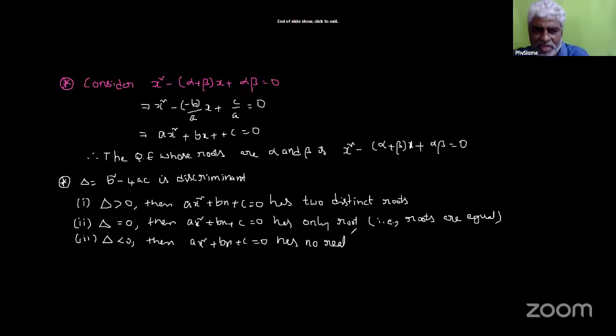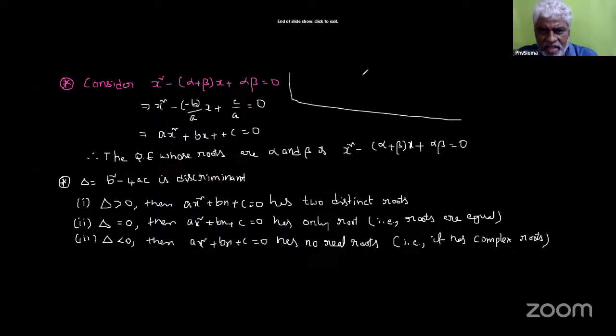Delta is the Greek letter for b square minus 4ac, called the discriminant. That is, it has complex roots. Technically, it is called complex roots, but generally we call it no real roots.